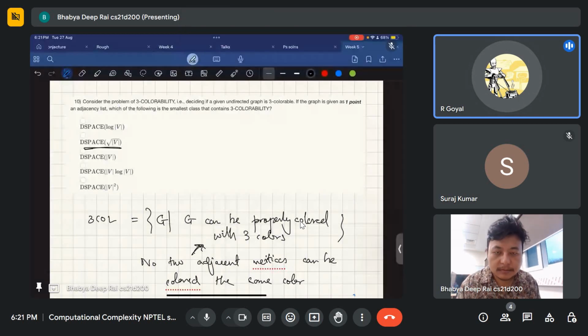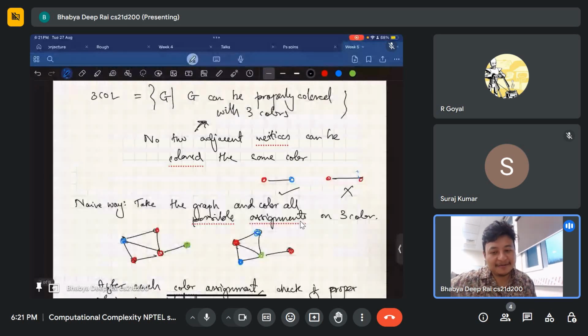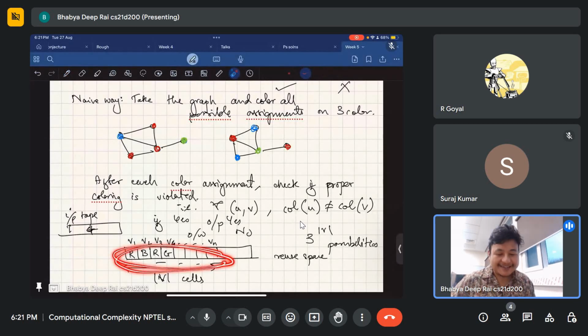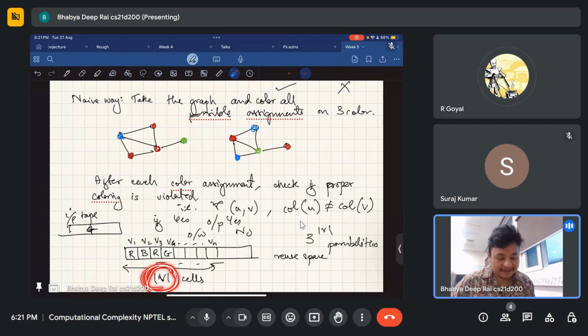Why do we require the space of the order of n? Okay. So you're fine with what the algorithm does? Yes. Now see, how many cells am I using here? Size of V many, the number of vertices, and the number of vertices is less than the representation of the graph.